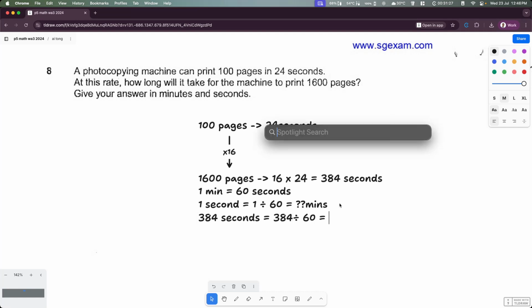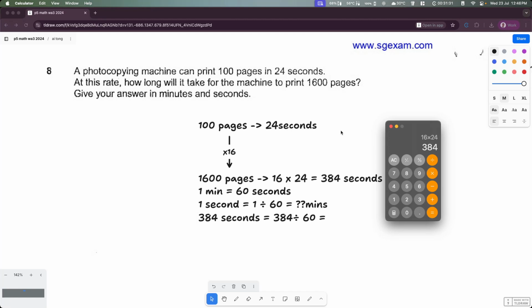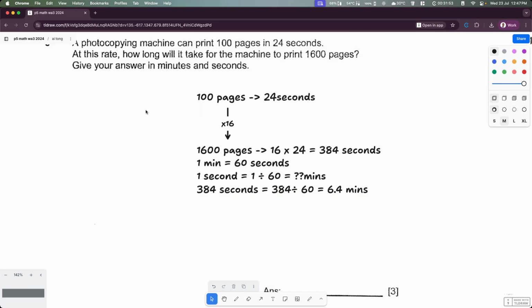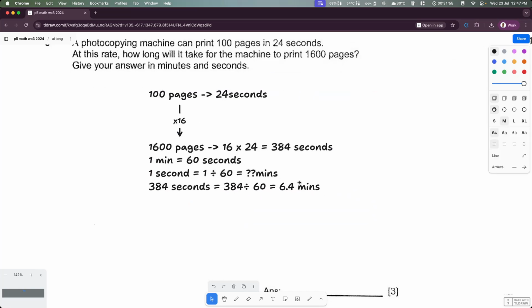So that means, use our calculator, we have to divide by 60, and it gives us 6.4 minutes. But the thing is, what is 6.4 minutes in seconds? Okay, 6.4 minutes, right? But the thing is, we are not putting 6.4 minutes, right?